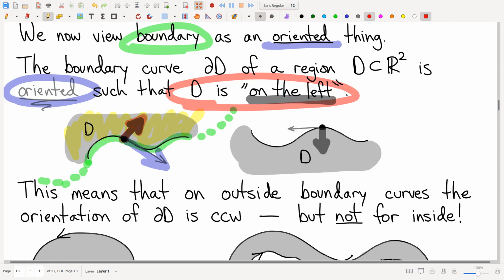So we invented this idea of an oriented curve, which is a curve that comes paired with an indication of which way you have to go. Does that make sense? So that's what I mean by an orientation here. It's indicating which direction we are unavoidably going to have to go around that curve.